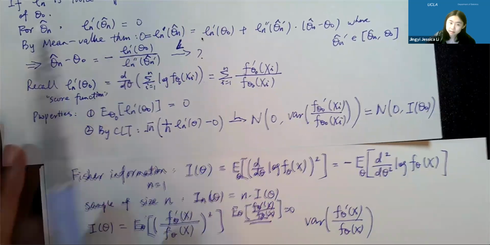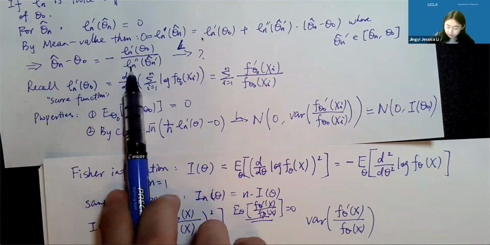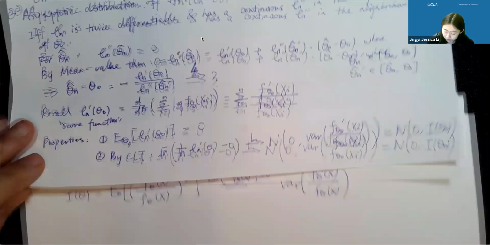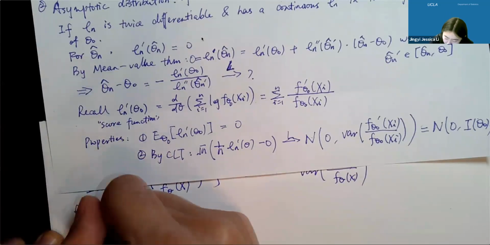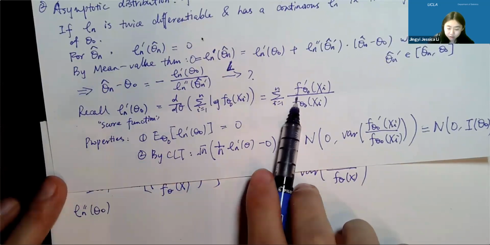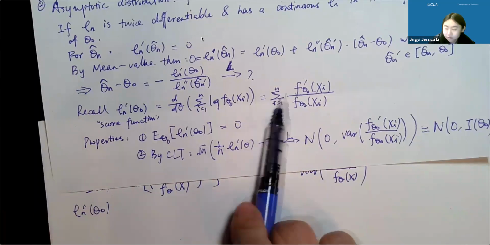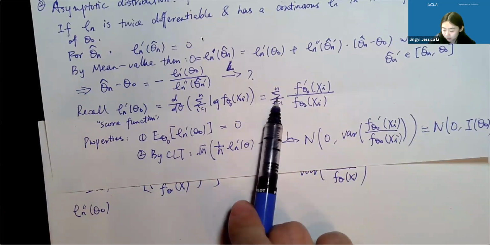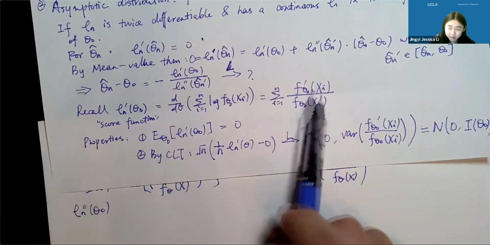So how about the second derivative of the likelihood function? Now let's go further. For l_n double prime at theta 0, I'm just going to do the differentiation again. No matter how I do it, it's still some sum of IID terms, so all the differentiation happens inside the summation.